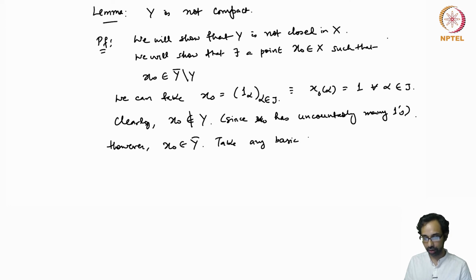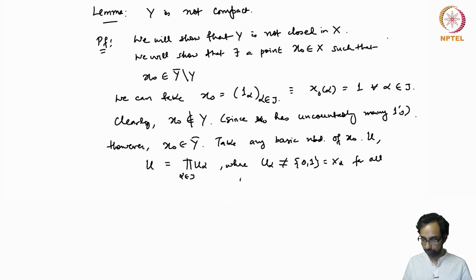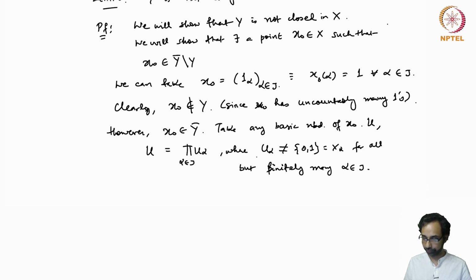So take any basic neighborhood of x0, and let us call this U. So U is equal to the product of all these U_alphas, where U_alpha is not equal to the 2-point space {0,1}, which was X_alpha, for all but finitely many alpha in J. And because U_alpha is not the whole space X_alpha, and U_alpha contains 1 because every alpha coordinate of x0 is 1, this means that U_alpha equals the discrete open neighborhood of 1, which is the singleton set {1}, for alpha equal to, let's say, alpha_1, alpha_2, ..., alpha_n.